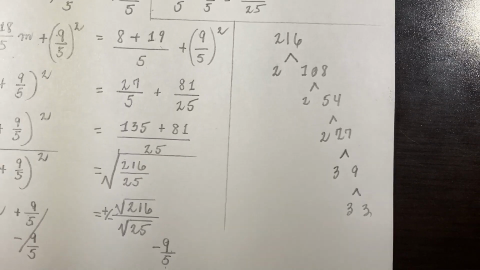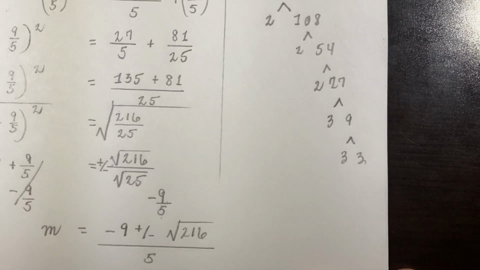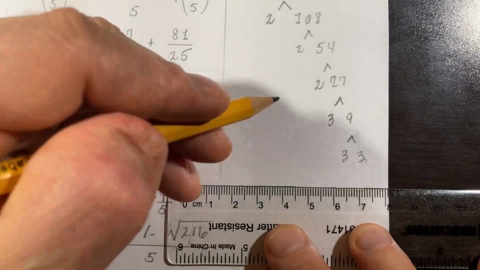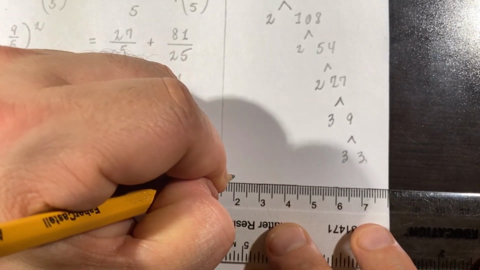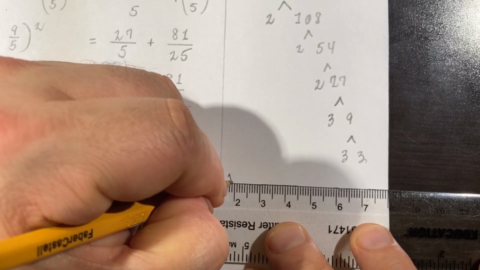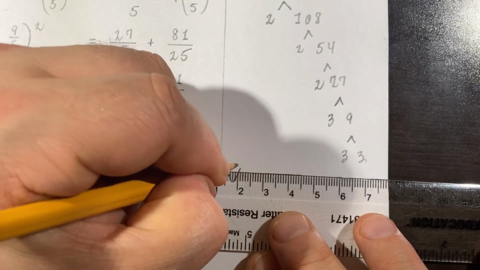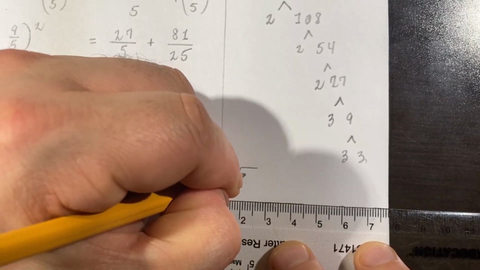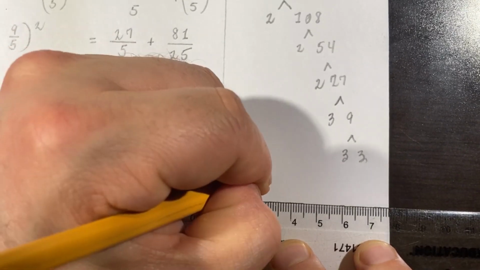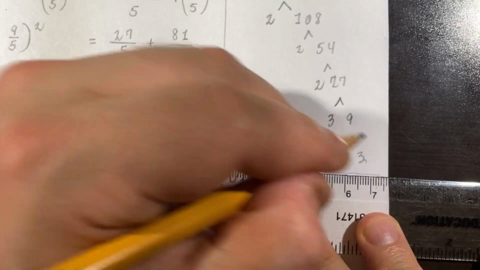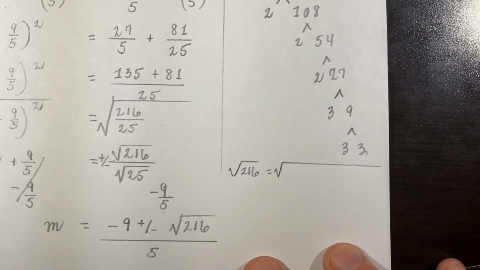And so we're going to rewrite our solution. The square root of 216, follow this logic, folks, is equal to the square root of all these primes multiplied together.